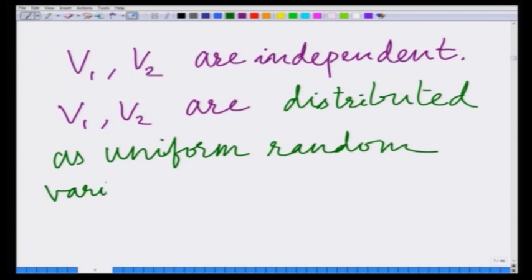That is, V1 and V2 are independent random variables which are distributed uniformly in the interval 0 to 1.